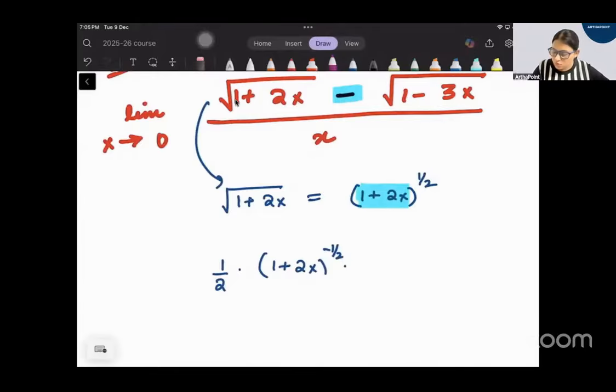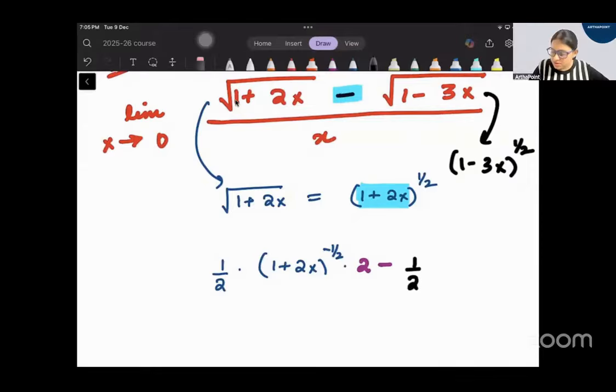So into 2, right? Similarly, if I differentiate this, this will be 1 by 2, 1 minus 3x under root, into, you always differentiate whatever comes inside. If this becomes difficult, please write this part as a power. This will always make things simpler for you.